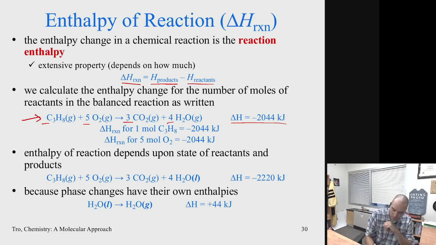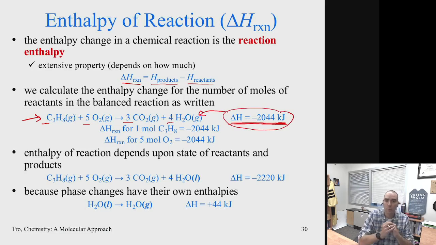So here, this is not the molar enthalpy because we haven't put it in terms of moles yet, but it is per mole as written in the balanced reaction. Any enthalpy like this must be connected to a balanced reaction, so then you can figure out how much is produced per mole of whatever it is that you reacted.